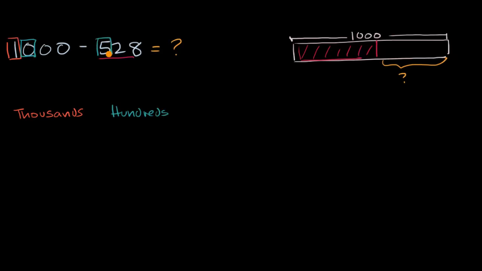Here I have 5 hundreds. And then you have your tens place, 0 tens right there, 2 tens right over there. And then, of course, you have your ones place. Here I have 0 ones. Here I have 8 ones.